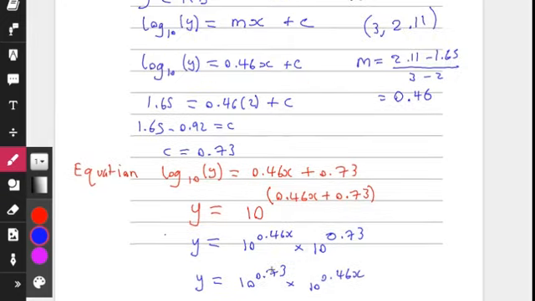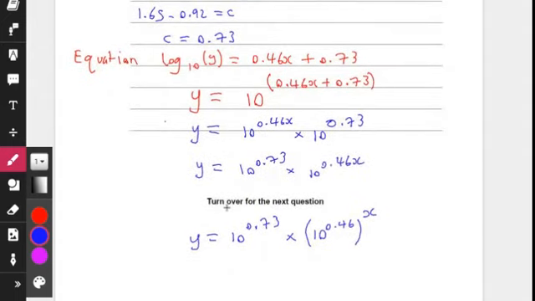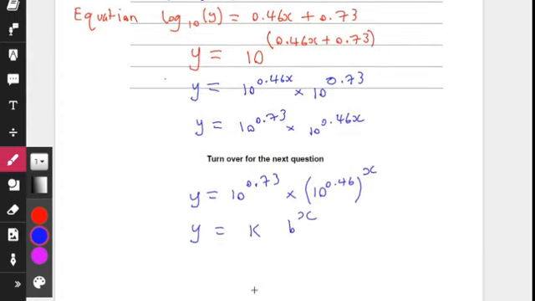If this is the same thing as y equals k b to the x, that would mean then that k equals 10 to the power of 0.73, whatever that may be, using your calculators, and b would be equal to 10 to the power of 0.46, whatever that may be in your calculators.